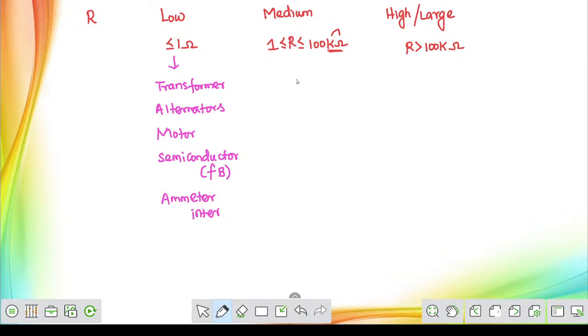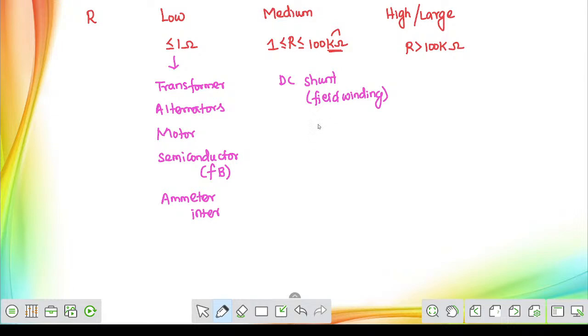If you are considering medium resistance, take some places, especially the DC shunt machine. If you focus on the field winding, you would have observed that the value of the resistance is a little bit large, 100 ohm, 200 ohm, 300 ohm. So those come under this, and you can also observe voltmeter resistance.